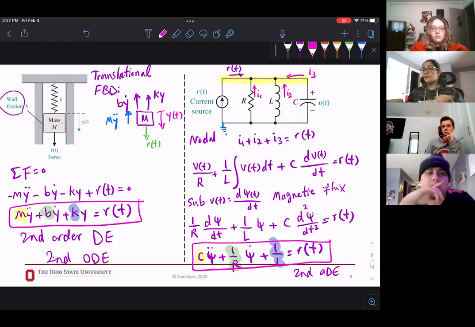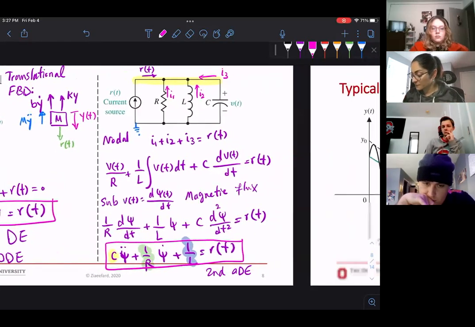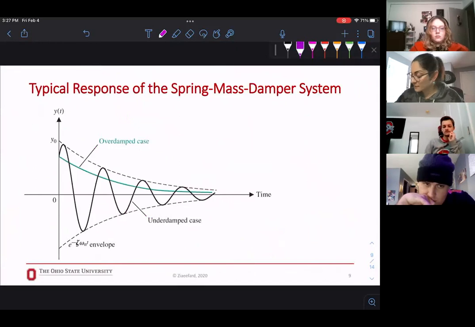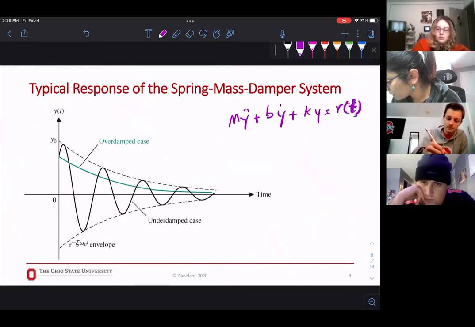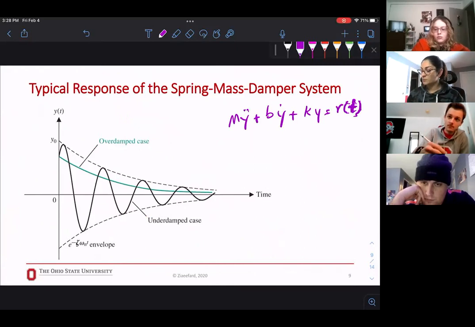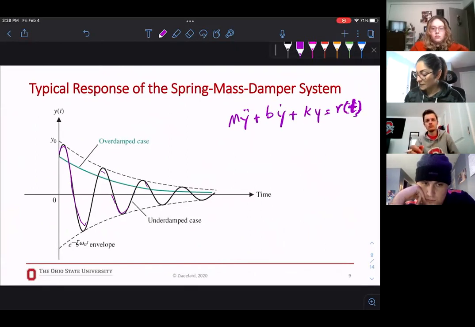Now, if you plot both of these, you will get similar responses. For the mass spring system, m y double dot plus b y dot plus k y equal to r(t), you get this response. This is your response if you have the underdamped case, and if you have overdamped, you get the green one.